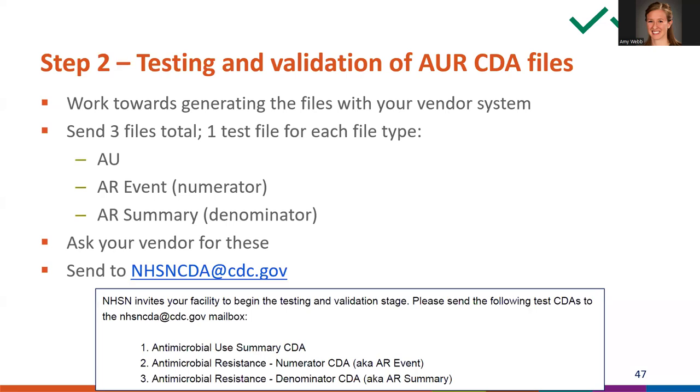You can send us your production data. However, in the event you do that, you need to send them via secure email because that AR event file will contain patient information. So if you're sending real data for the purposes of the validation step, please send them via secure email. And you're going to send those to the NHSN CDA at cdc.gov mailbox.